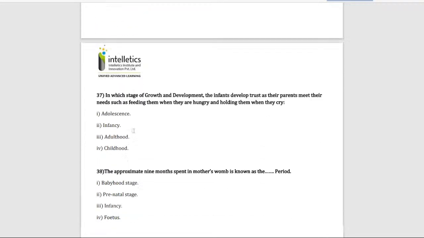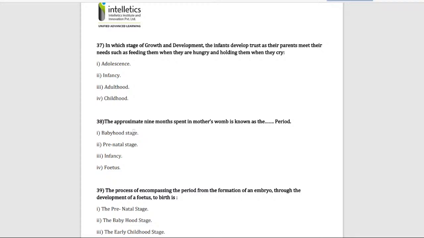Question number 37. In which stage of growth and development the infants develop trust as their parents meet their needs, such as feeding them when they are hungry and holding them when they cry? And the options are first, adolescence. Second, infancy. Third, adulthood.